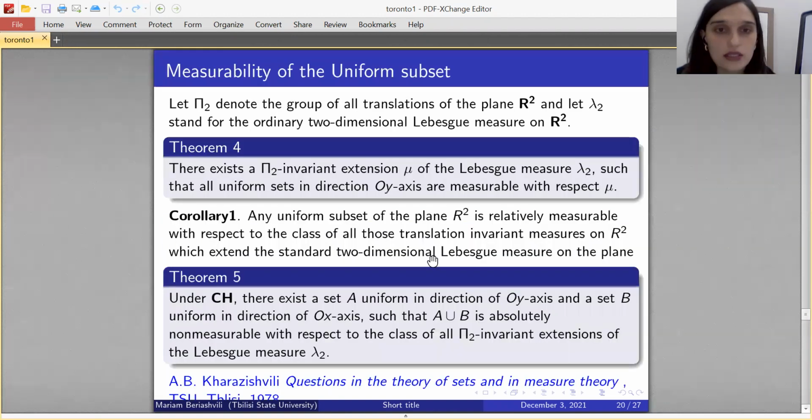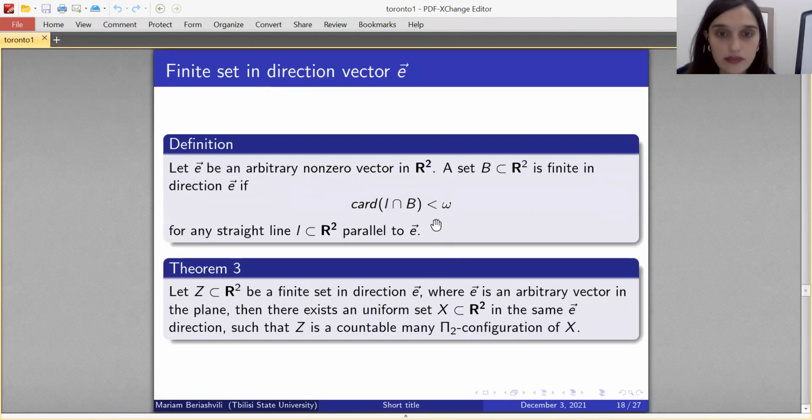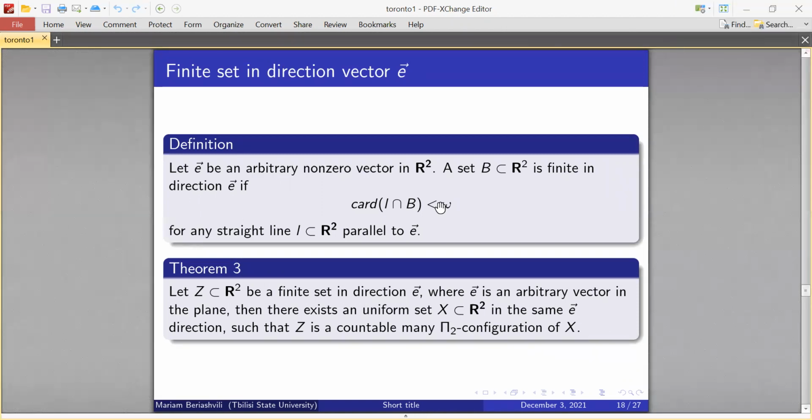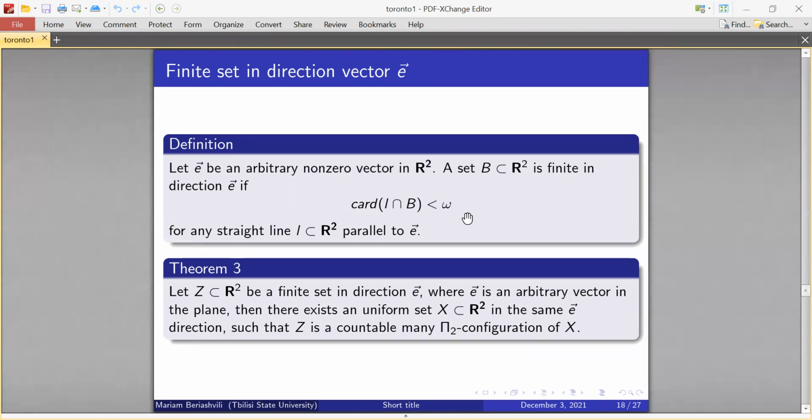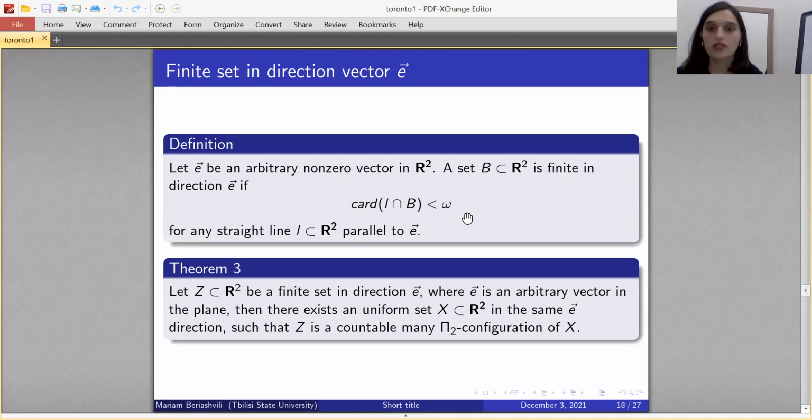I will be showing the definition here. So it's not bounded finite, it's just finite. Yes, just finite. Here it can be any number, for example 5 or 6.